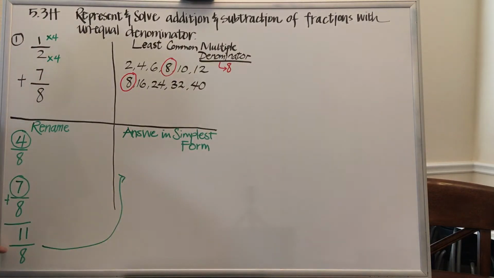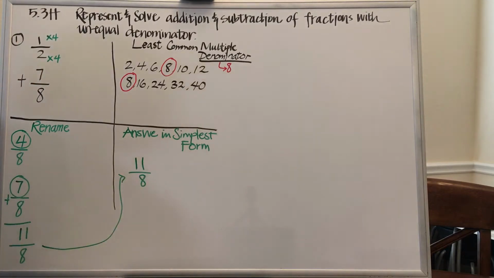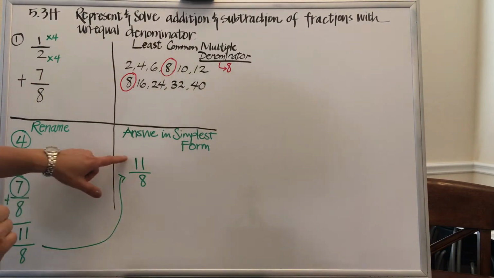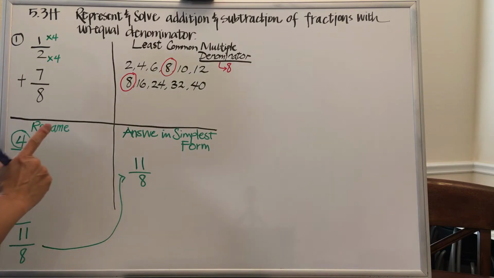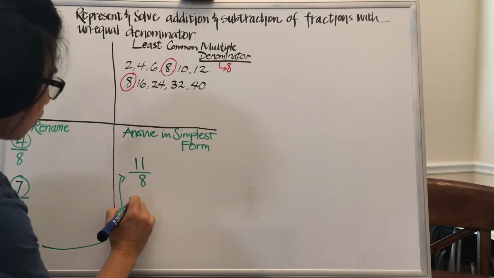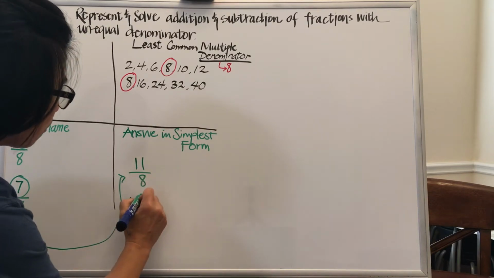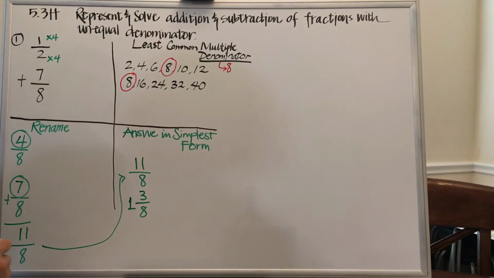Now I know my answer is 11/8, and this is an improper fraction. So what I know is in the 11 I have one group of 8. So I can say one group of 8 with 3 parts left.